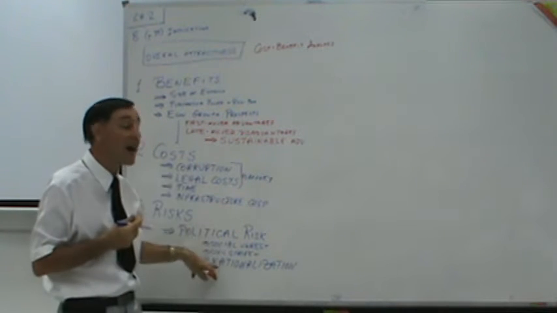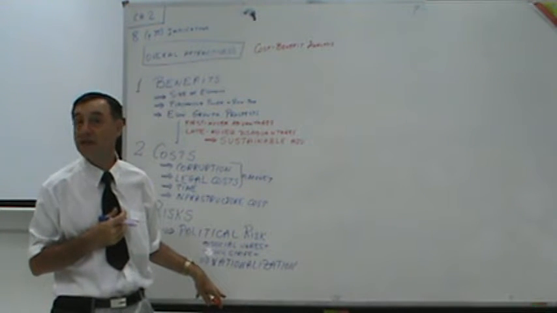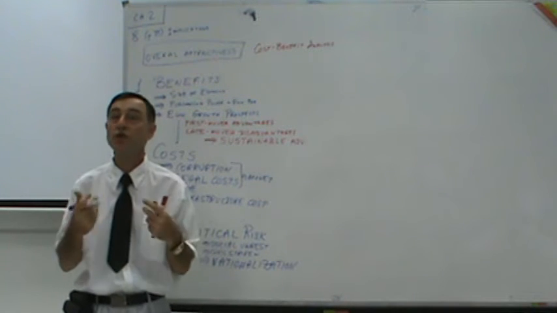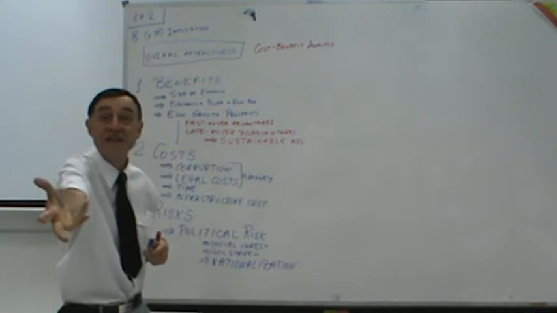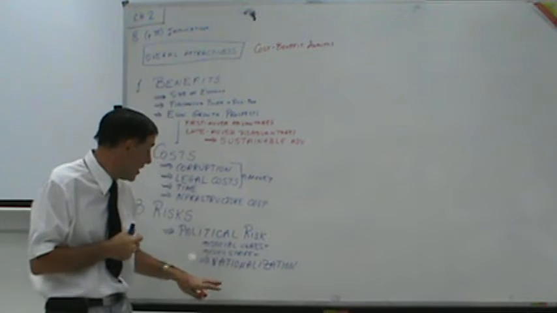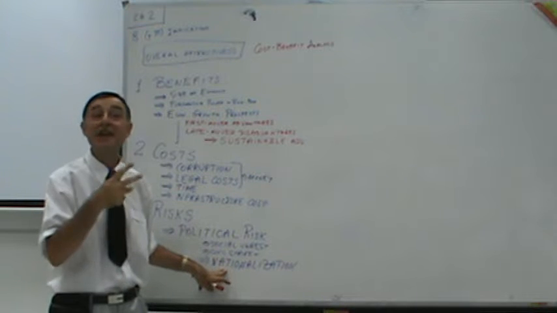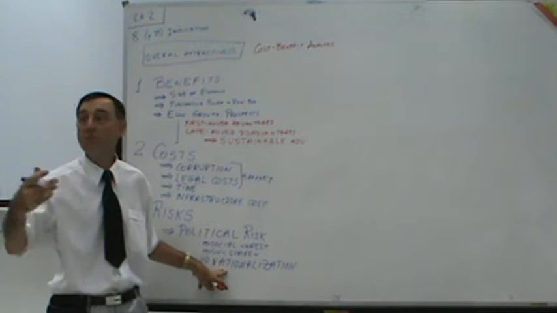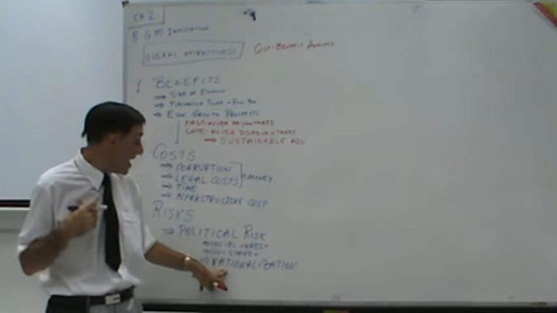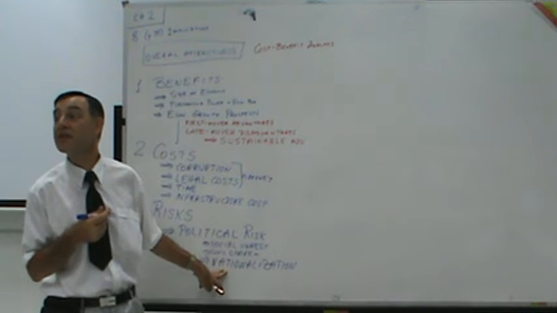In other words, we're going to nationalize the company, and basically it's called expropriation. To expropriate means to take someone else's property forcefully and make it your own. Nationalization is the government taking private property into its own hands. The opposite is privatization.